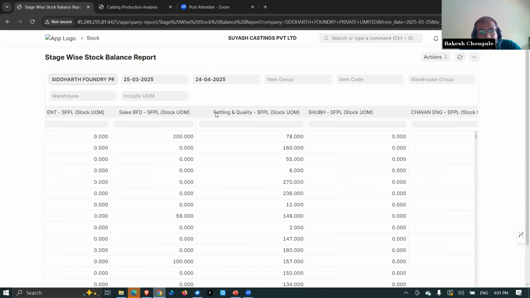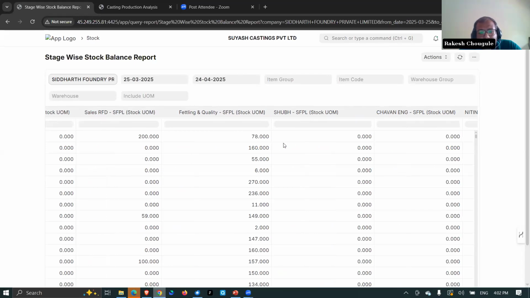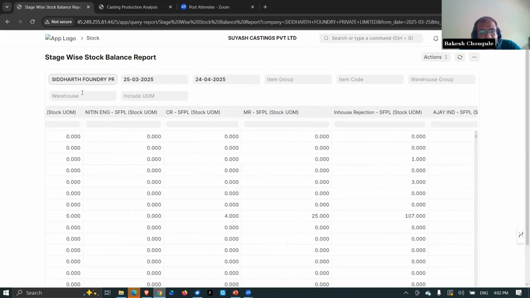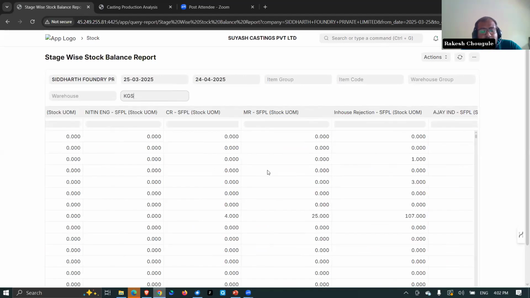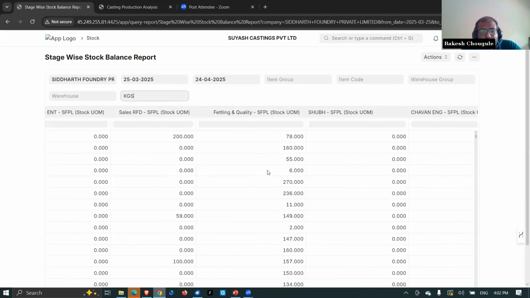Here you can see at the fettling stage there are 78 quantities of stock available at the subcontractor, and if you want it in tonnage, then we can add a tonnage basis report also, because in the foundry industry each and every report is required to be converted into tonnage.